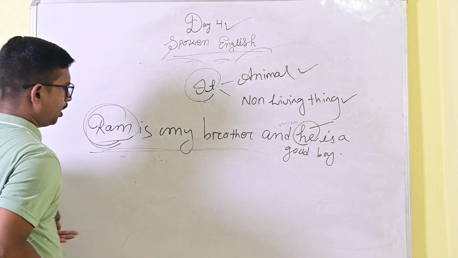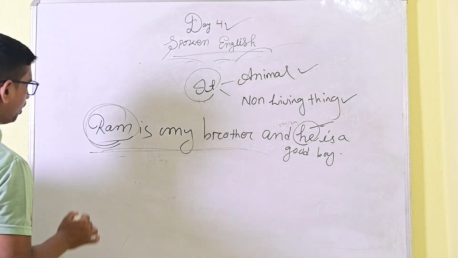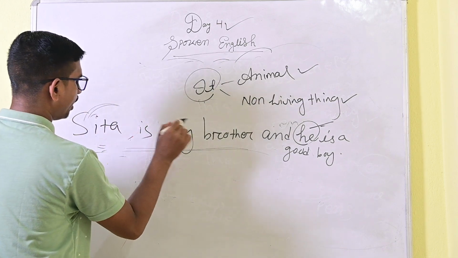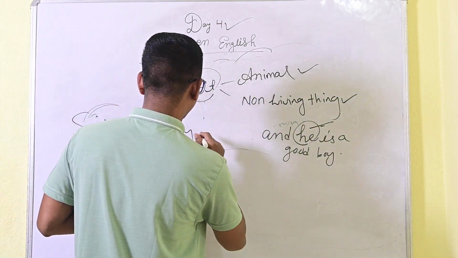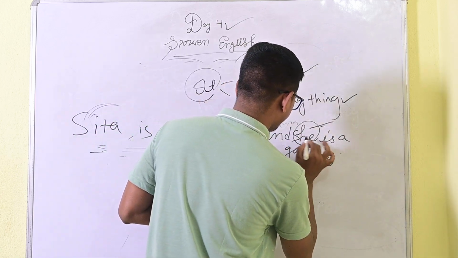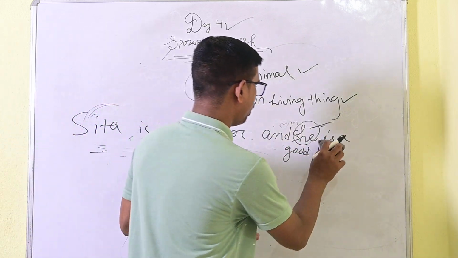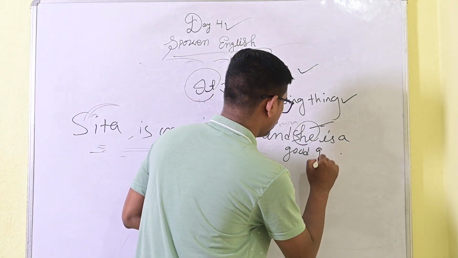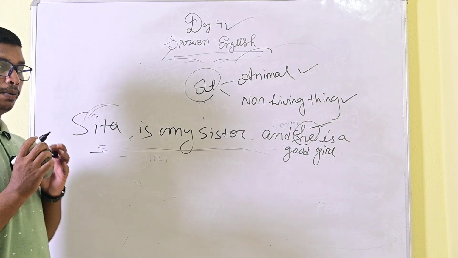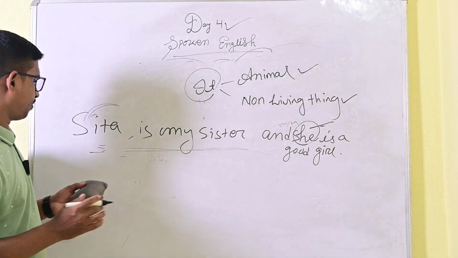Ram is a boy, and for Ram we use he. If it would be Sita, Sita is my sister, then we use she. Sita is my sister and she is a good girl. I think you understood. For people, we use he and she. He for boy and she for girl.